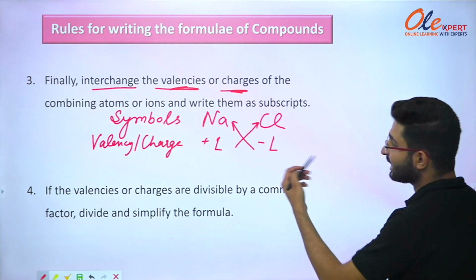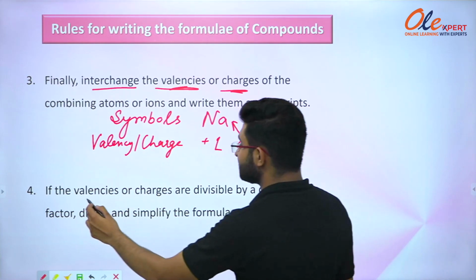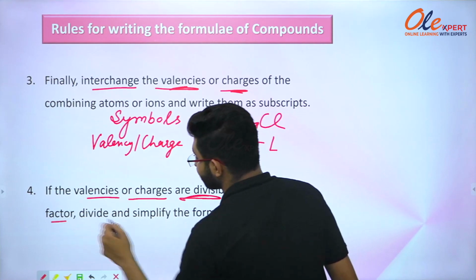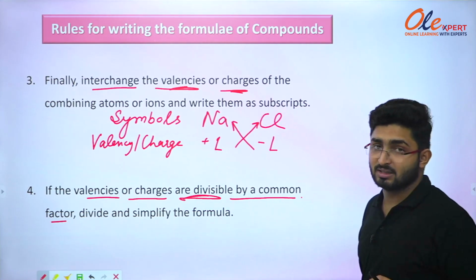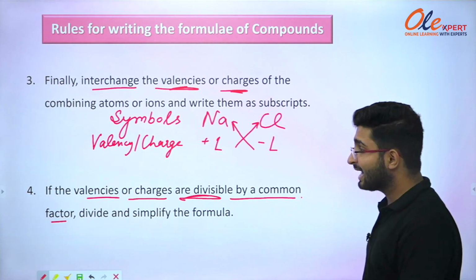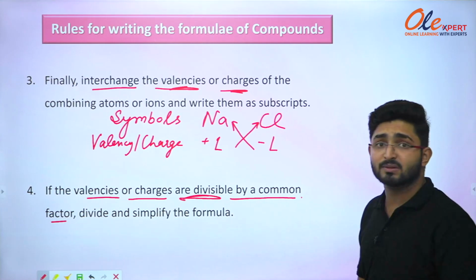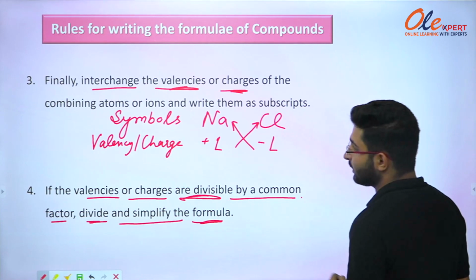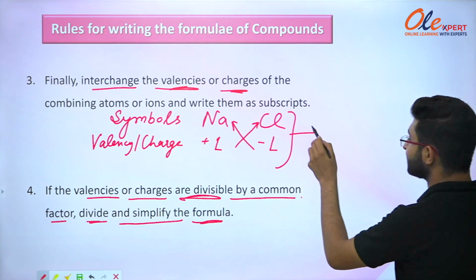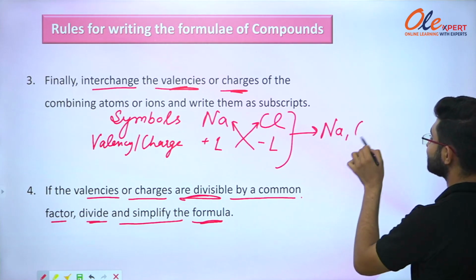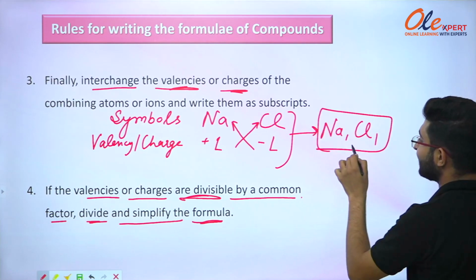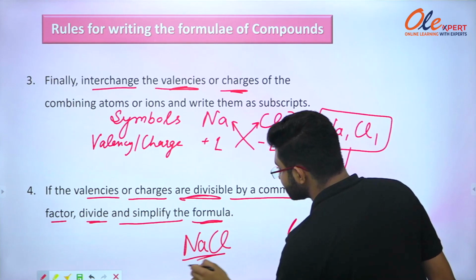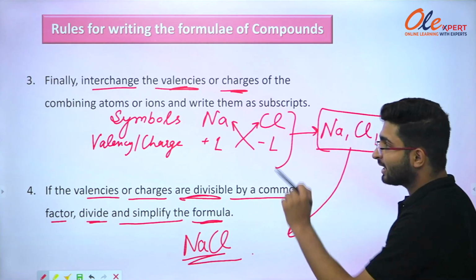You also have to pay attention: if the valencies or charges are divisible by a common factor, then divide and simplify the formula. The formula becomes Na1Cl1, and it can be written as NaCl finally. So these are the 4 rules.